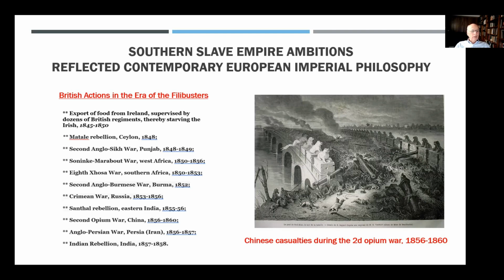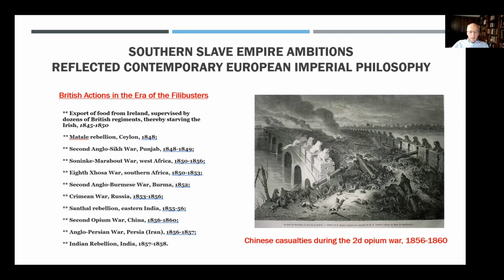I don't expect you to really be able to read all this, but you just get an idea looking at it of the scope of these horrendous crimes against humanity all over the world. This is just the British. Then you've got the French, the Dutch, and others, the Spanish. But it's primarily the British, and they are the ones really moving these other imperialists. So this is going on at this time.